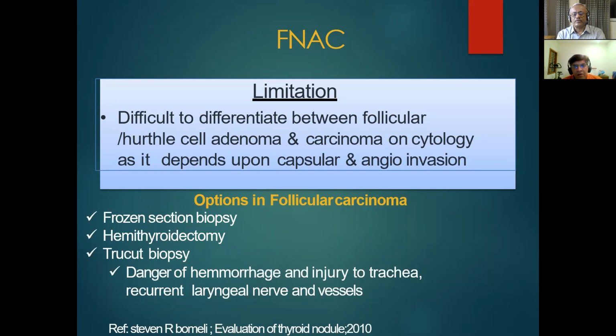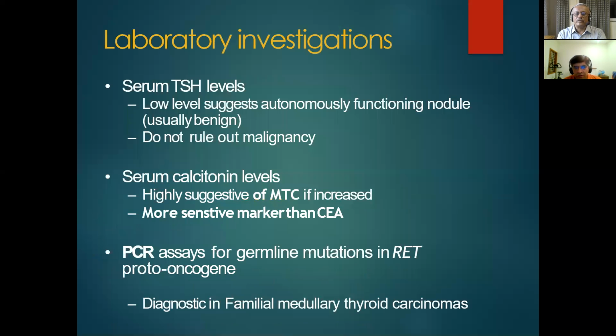In both anaplastic carcinoma and lymphoma, you do not really want to do any surgery unless it's required. In anaplastic carcinoma, as you will discover later, the only surgery is for tracheal compression; otherwise nothing else works for them. And in lymphoma, of course, you need to give chemotherapy. So for these two reasons, you would like to get a definitive diagnosis with a core biopsy if you can't get it through FNAC.